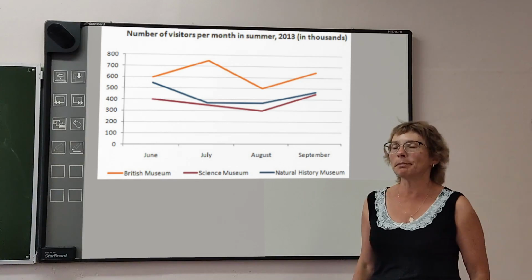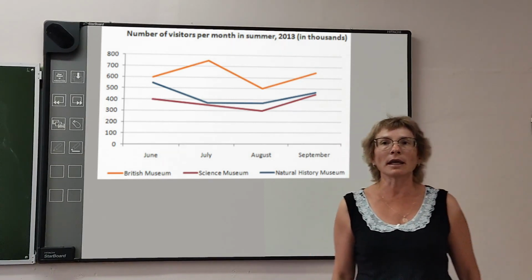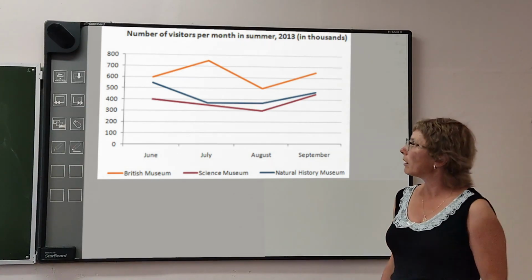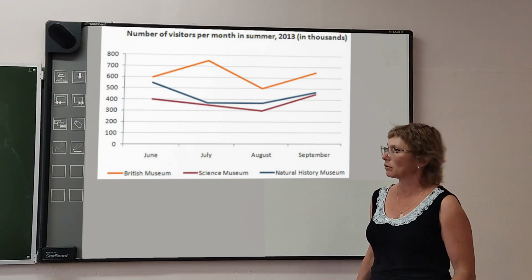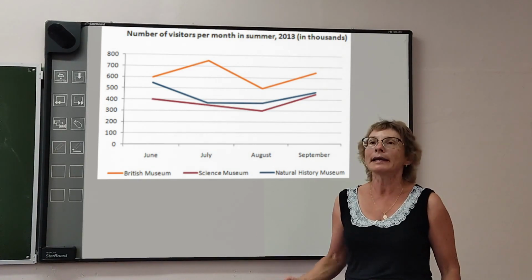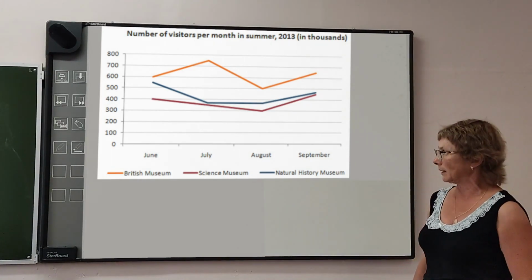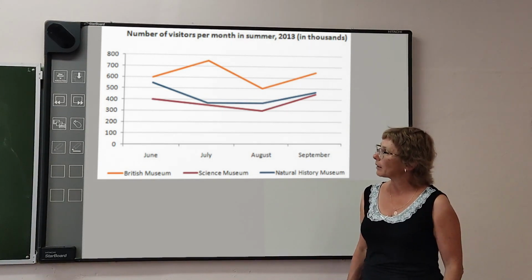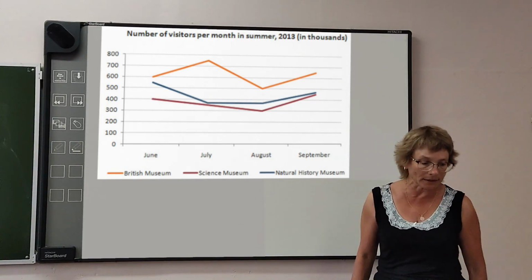This graph depicts the number of visitors to these three museums from June to September in 2013. Okay, let's describe the upper line.